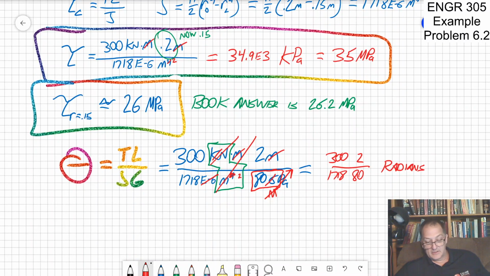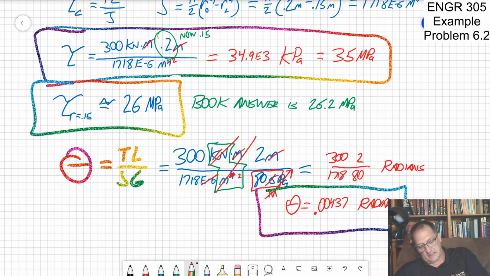Sorry, had to double check my stuff there. What I'm going to get is theta is equal to 0.0437 radians, 3 significant figs, sure. Box it, call it good.